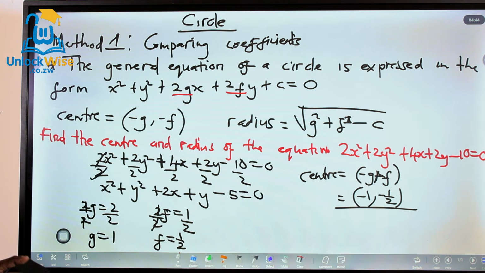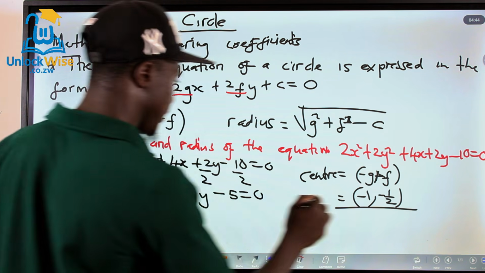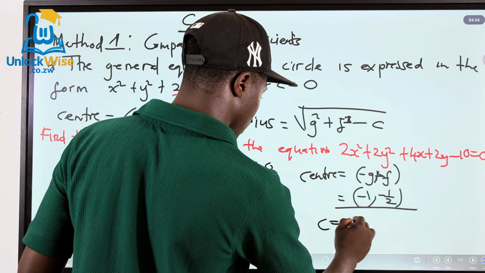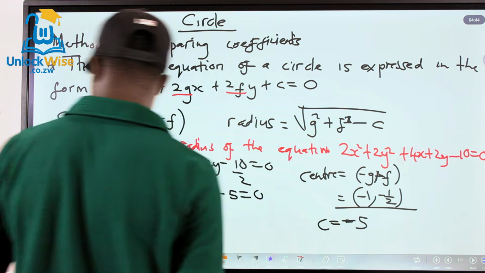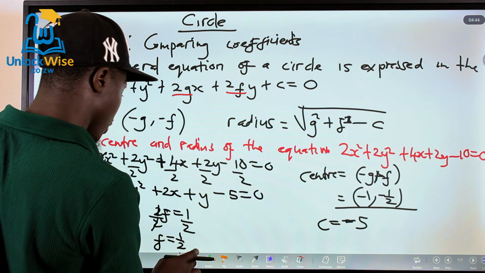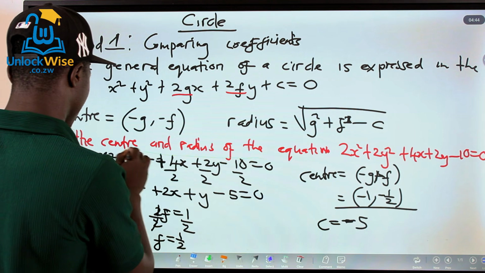Now we need to find the radius. Our c here is equal to negative 5. I will clear this part so I can write something which is very visible.